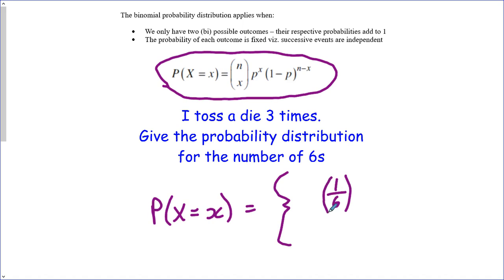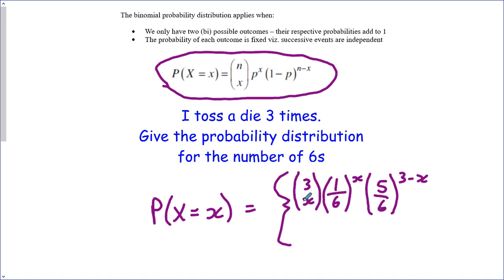And if I want to get x of those, then I need to get non-6s. The probability of getting a non-6 is 5/6. I'm throwing the die 3 times, so I need to get 3 minus x non-6s. And then I add those 2 numbers together and I get 3.